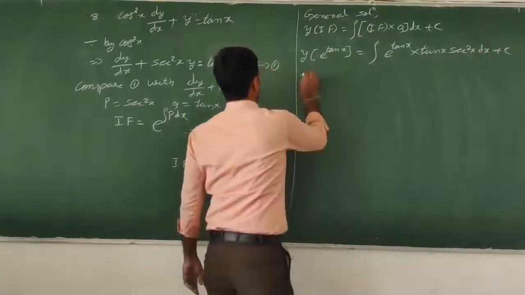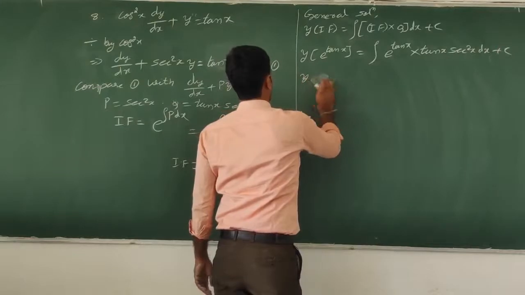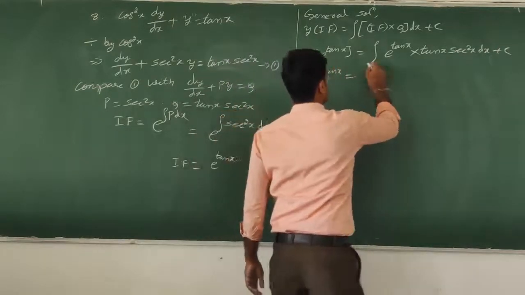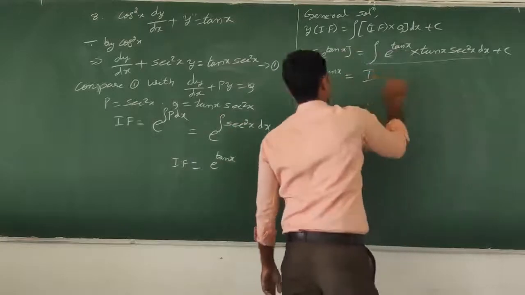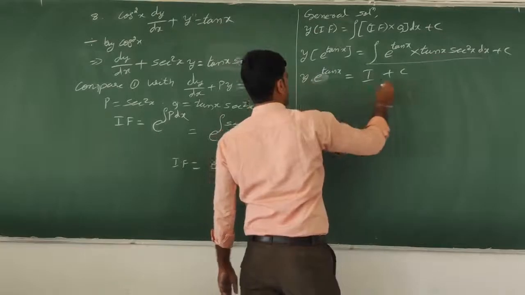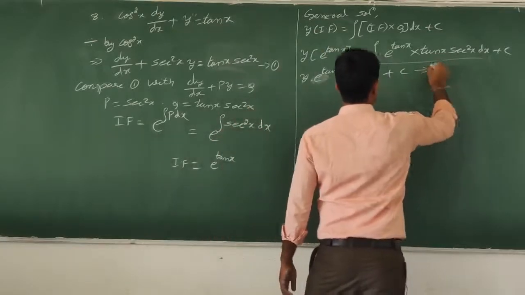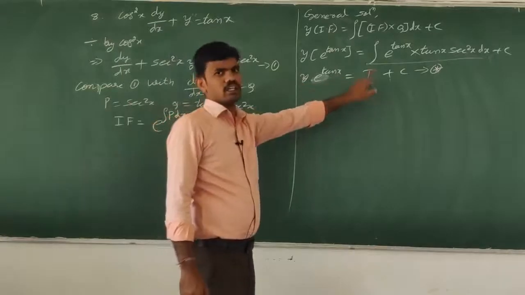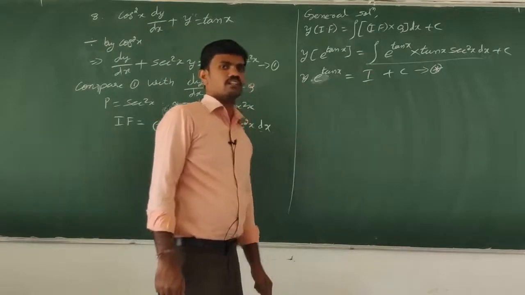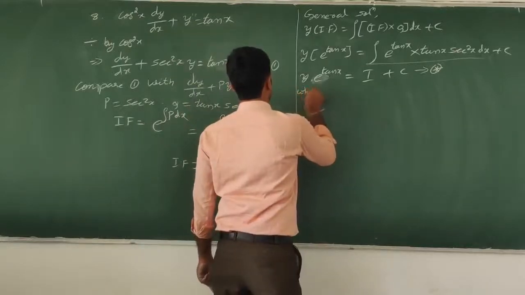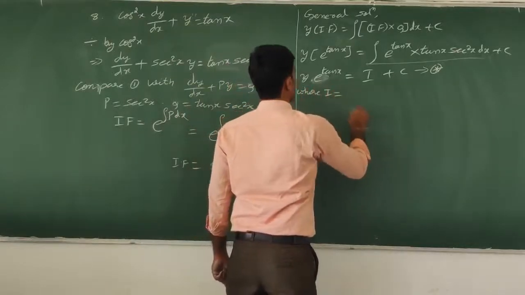I will take this integral as some I, so y into e power tan x is equal to I plus c. Call this equation star. Once we get the value of I, we substitute I in equation star, then we get the value of the general solution. So what is the value of I?